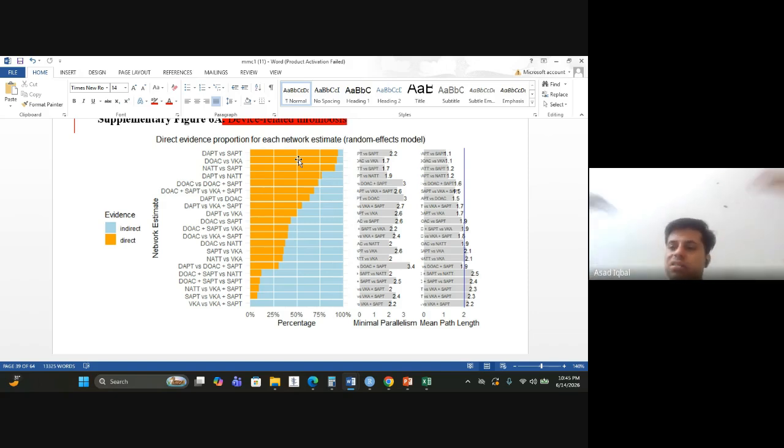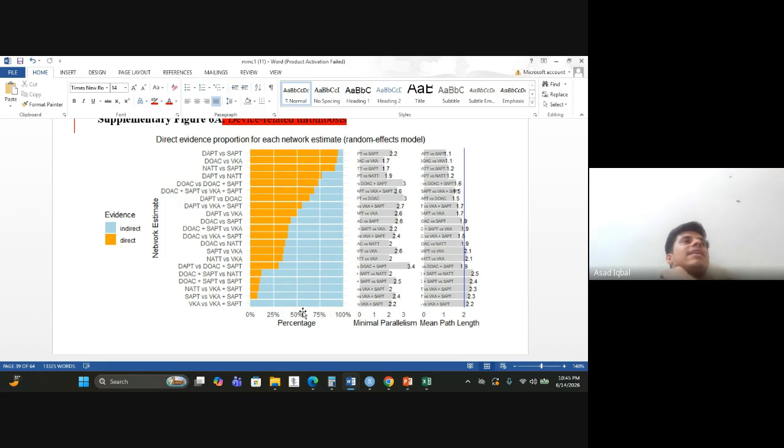When it's solely reported by indirect evidence, then you need to interpret this relation with caution, with little care.